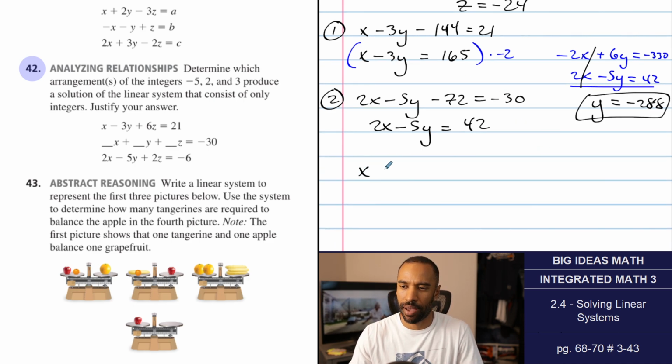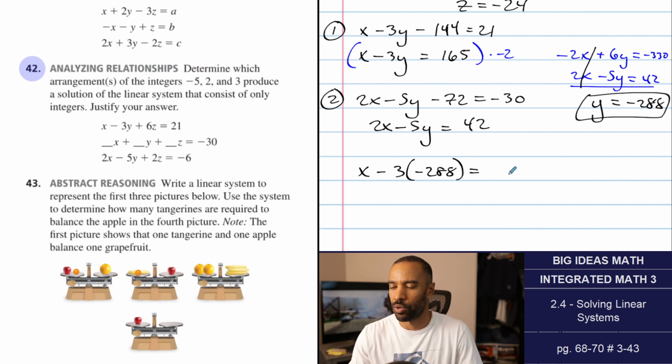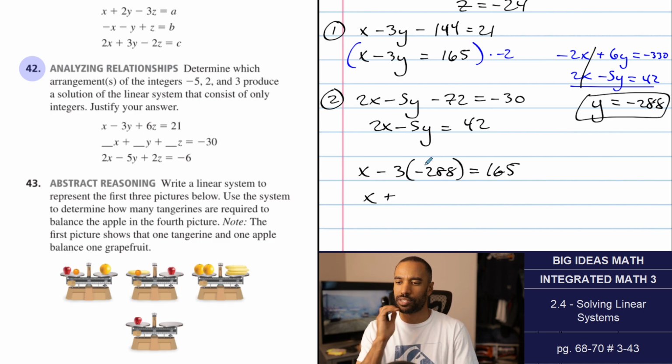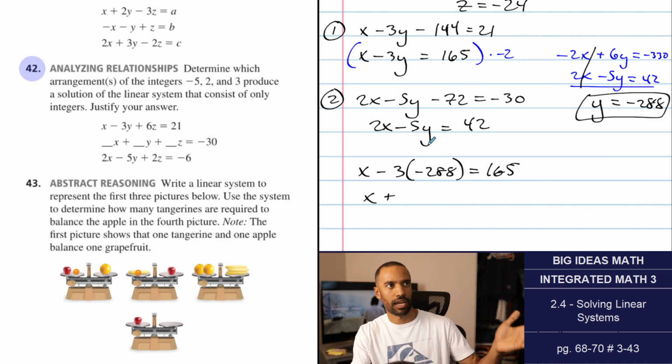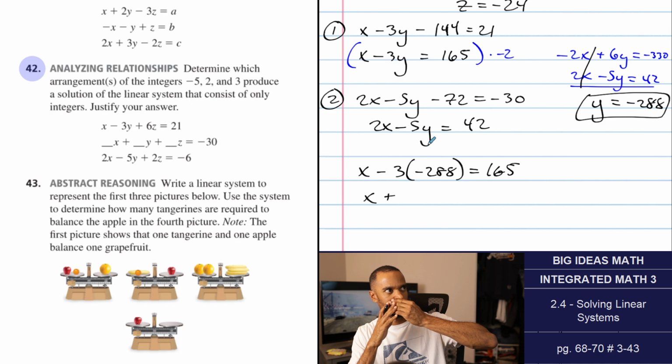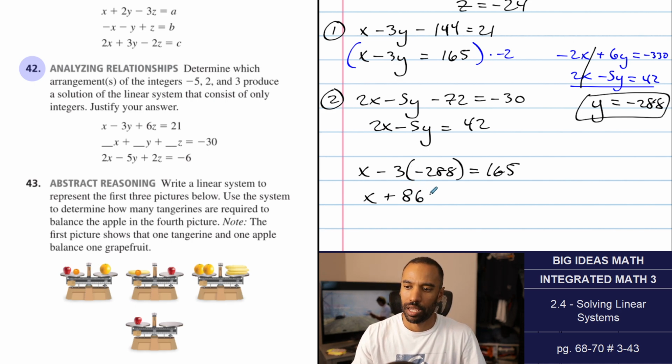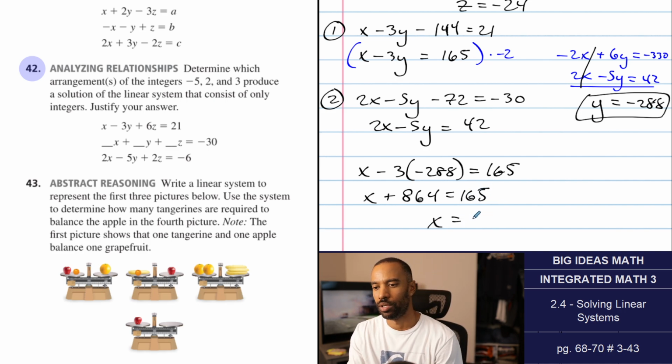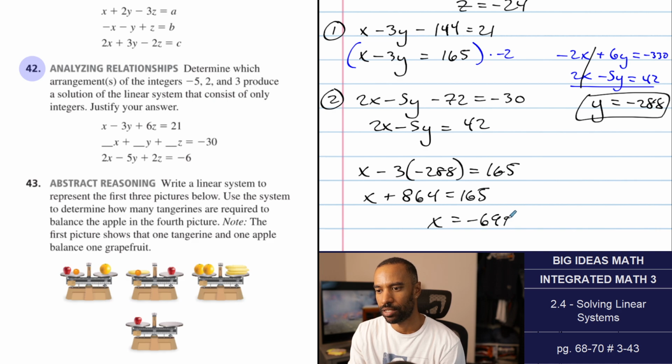So that's going to be now x minus 3 times -288 equals 165. Whew. X plus, what's 3 times 288? It's 900 minus 36, which is 864. So x plus 864 equals 165, so x equals -699.